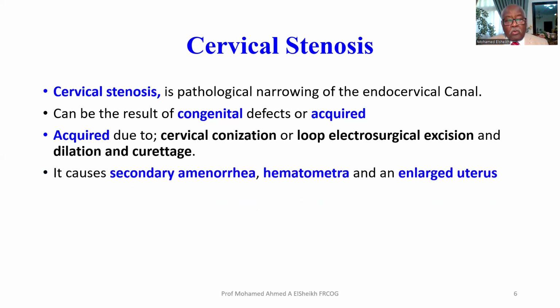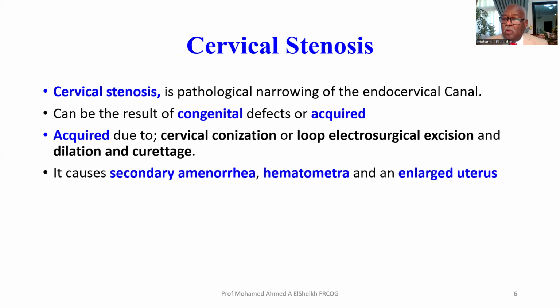Acquired commonly due to cervical conization when you are treating cancer of the cervix, especially CIN, where we do LEEP or LLETZ by electrosurgical excision, and also in cases of dilatation and curettage. It causes secondary amenorrhea, hematometra, and an enlarged uterus.